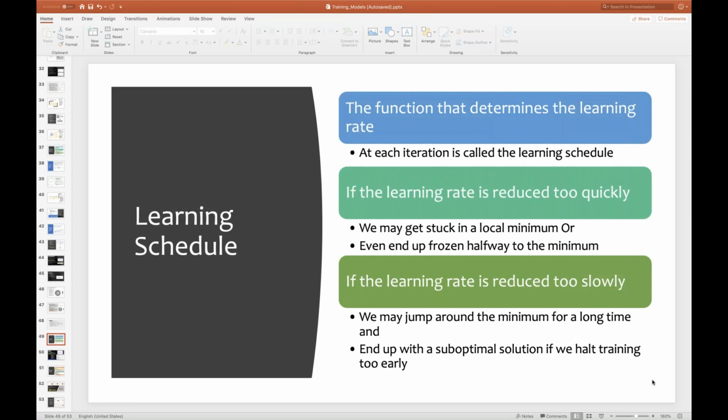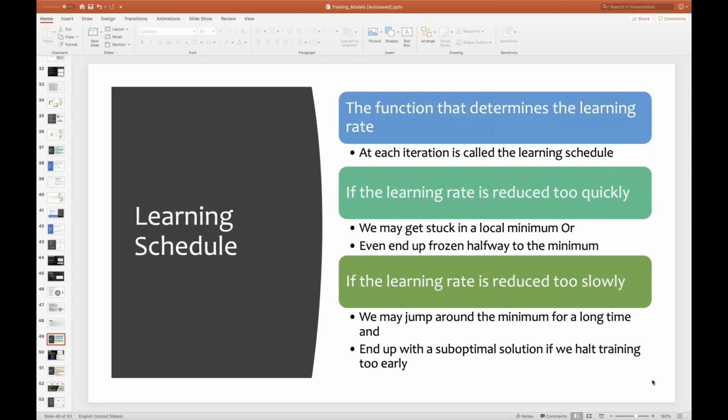Just think like that. Now, for example, if the learning rate is reduced too quickly, we may get stuck in a local minimum, or even end up frozen halfway to the minimum. Always understand, guys, the thumb rule is you shouldn't get stuck at the local minimum, and you shouldn't go to the global minimum straight away.